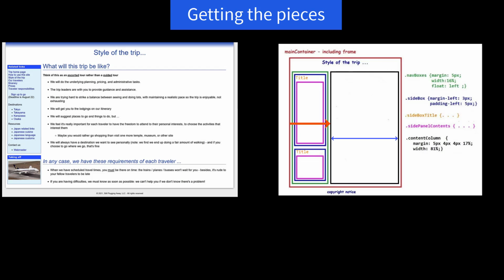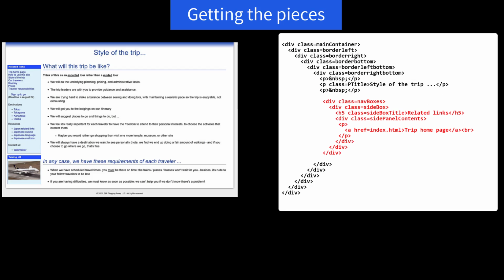Content column margin 5 pixels, 4 pixels, 4 pixels, 17%, width 81%. Notice this box plus the nav boxes box take up 97% of the space on the page. The rest is taken up with various margins and padding. Also notice the left margin here is 17%, so we're allowing for the nav box's width of 16% plus a little extra before this column begins.